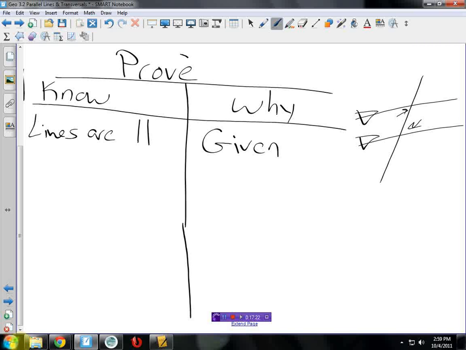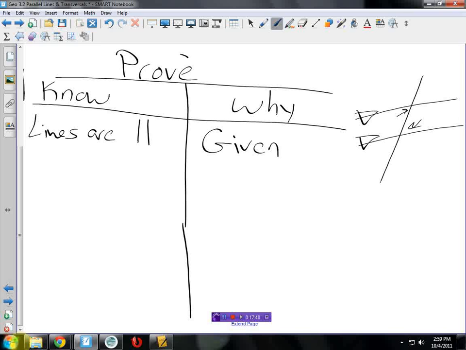Alternate interior? Well, that's what we want to prove, right? So we shouldn't use that one to prove what we're going to do, right? Just like if you're defining a word, you shouldn't use the word that you're defining, right? So let's look. What other things can we use? Can we use vertical angles in here? Can we use congruent or corresponding? I mean, any of those will work, okay? So does anybody see any of those that we can use?